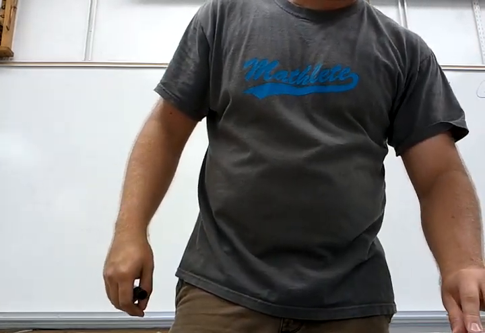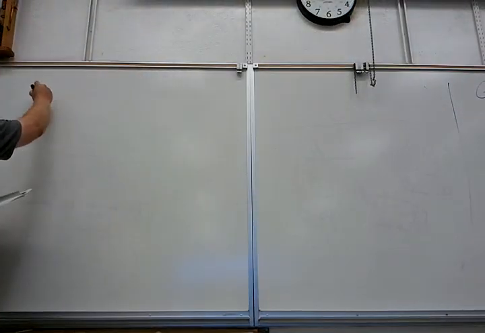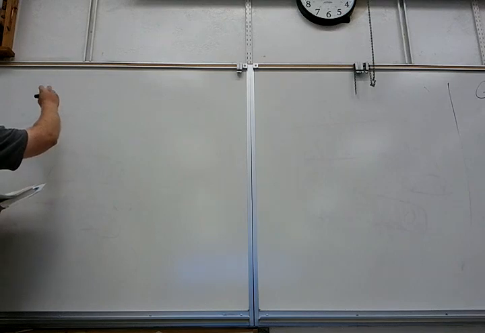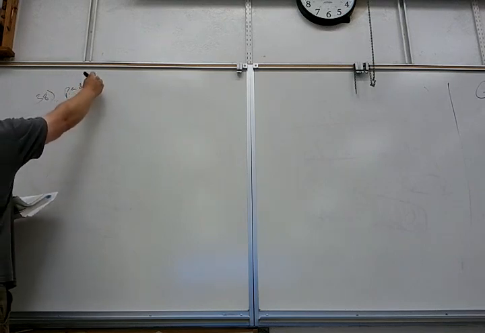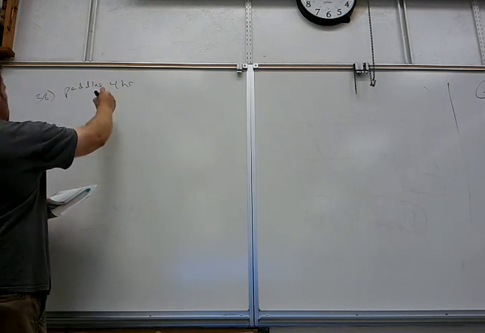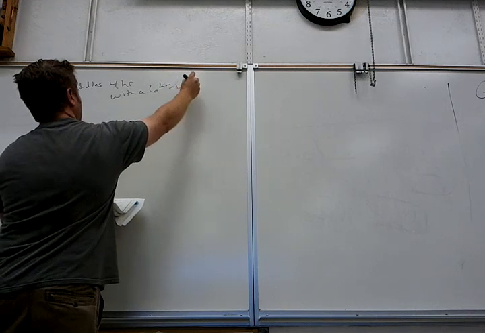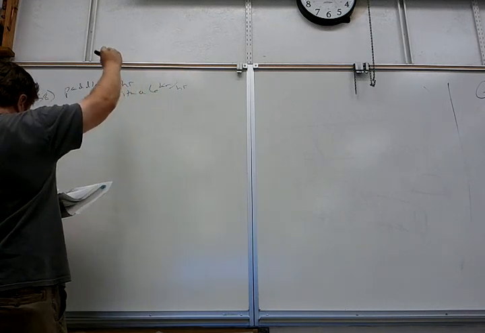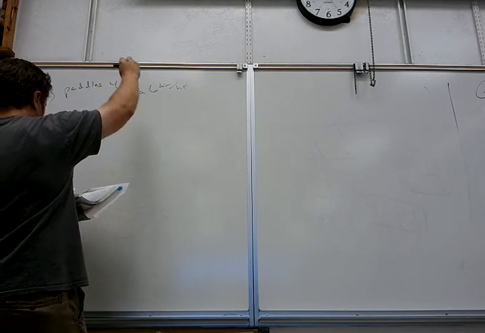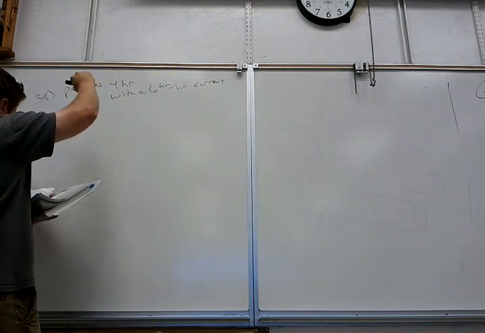So look at number 38, for example. It says that Alvin paddles 4 hours with the 6 kilometer per hour current to reach a campsite.